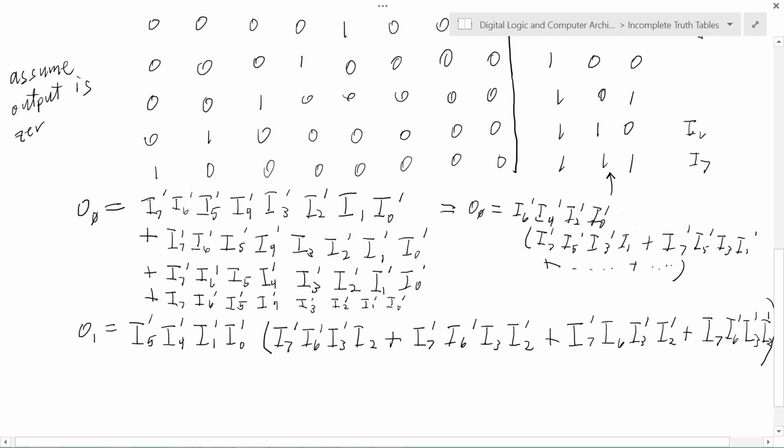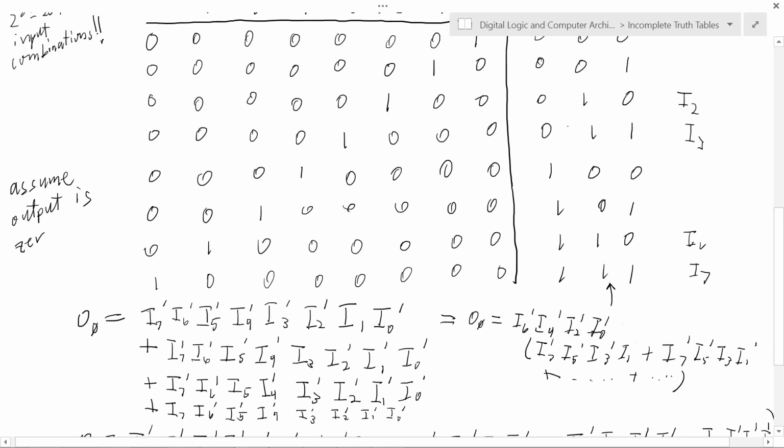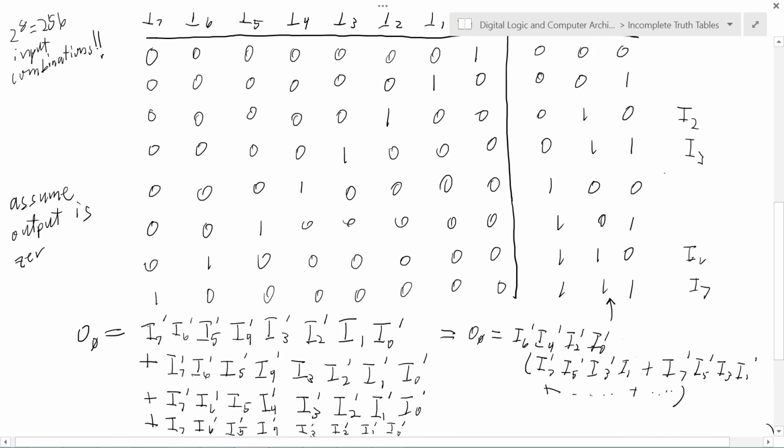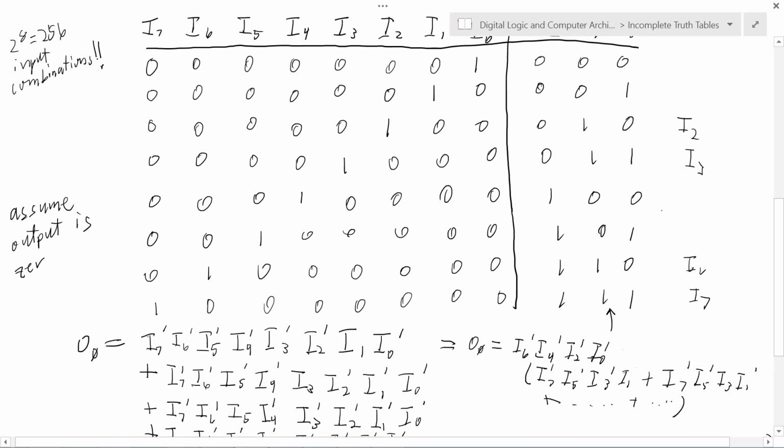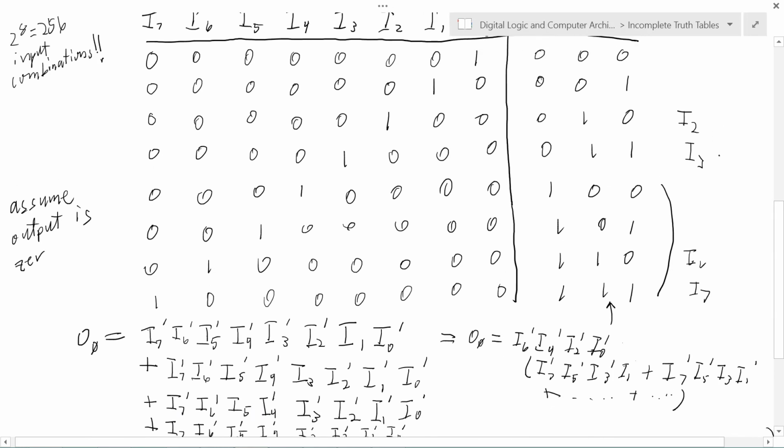And for our last bit, we need to think about I4, I5, I6, and I7. So the 4 bits we're interested in are in these 4 rows here. Let us try listing those now.